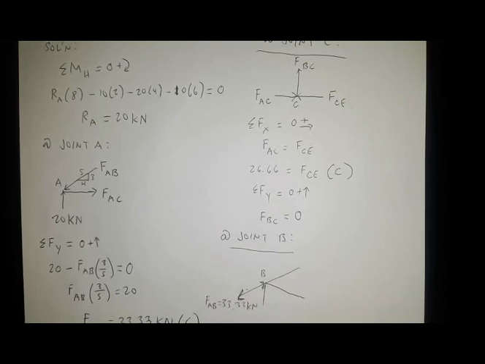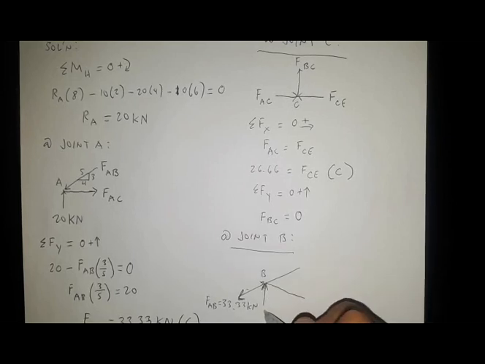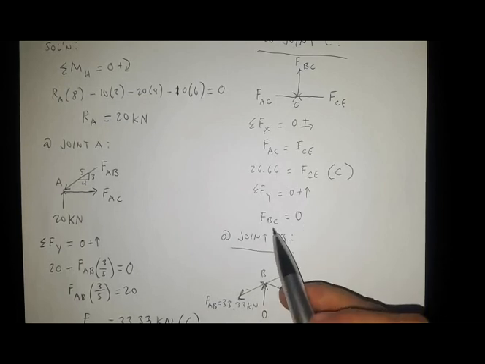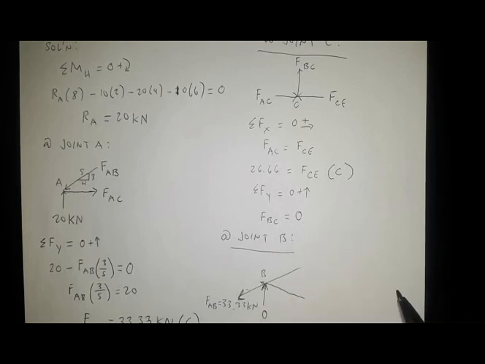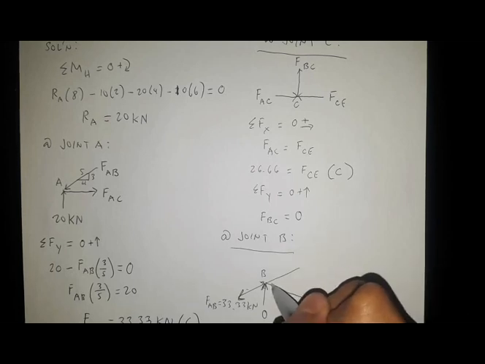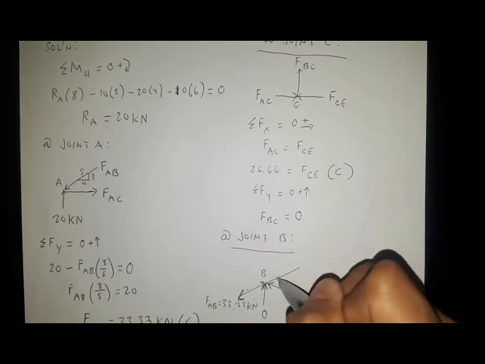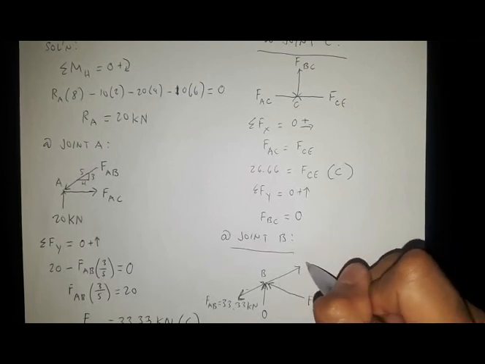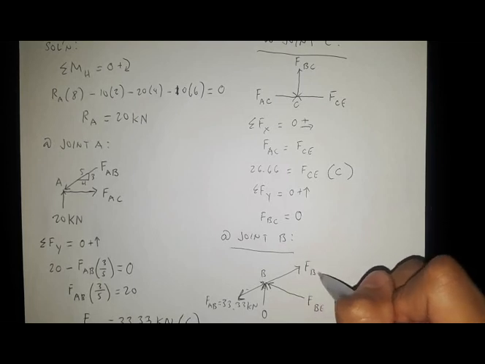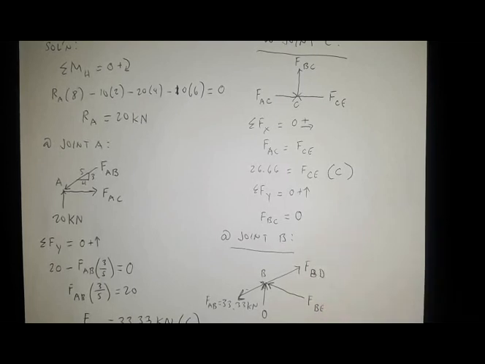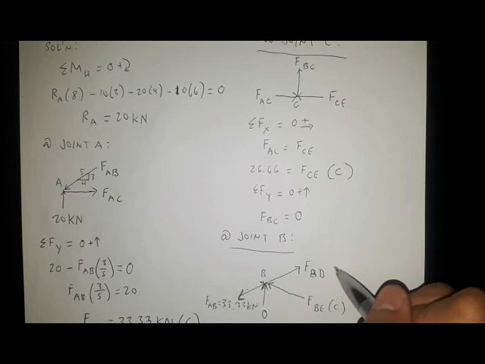We have here zero, the force for member BC. We have here force at member BE, and we have force for member BD. So let's assume this is compression and this is tension.